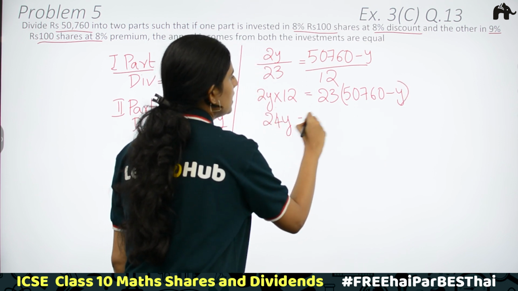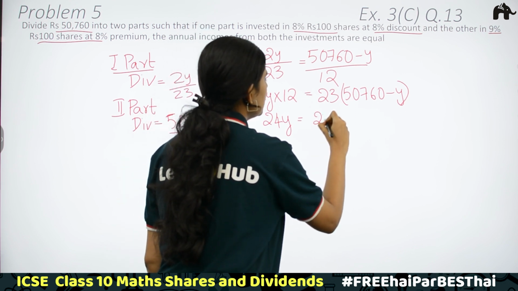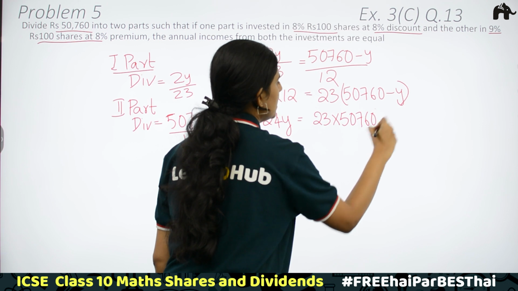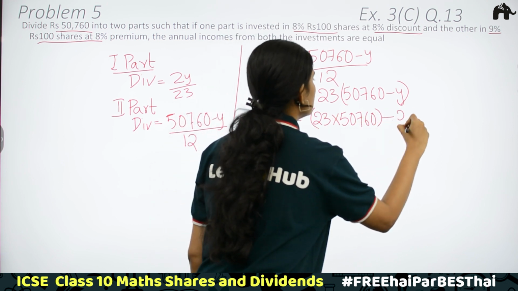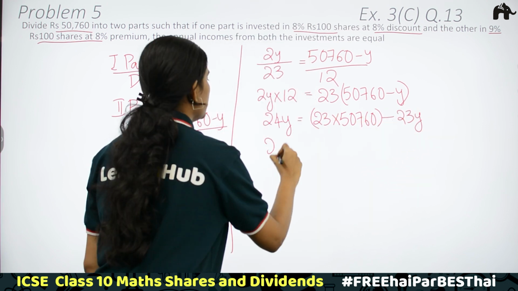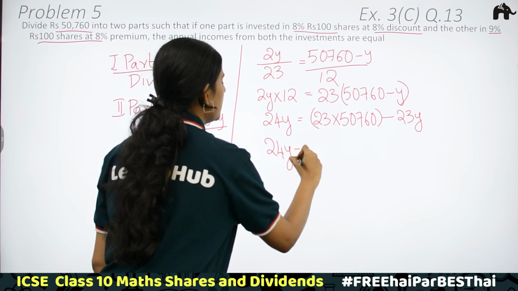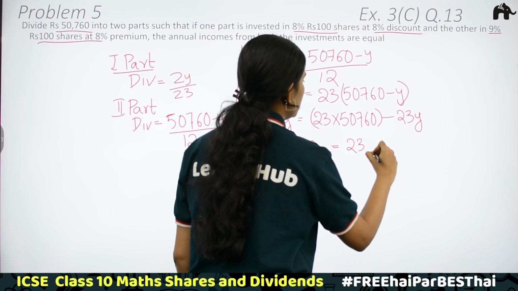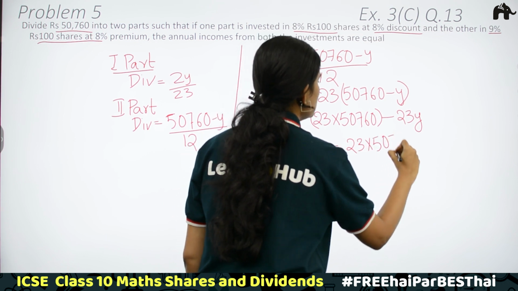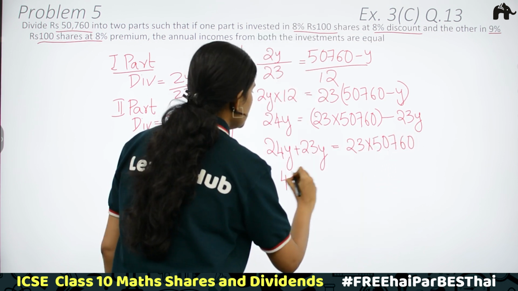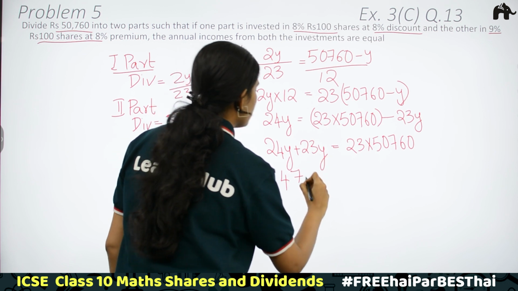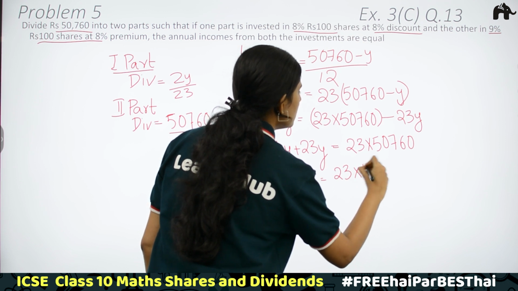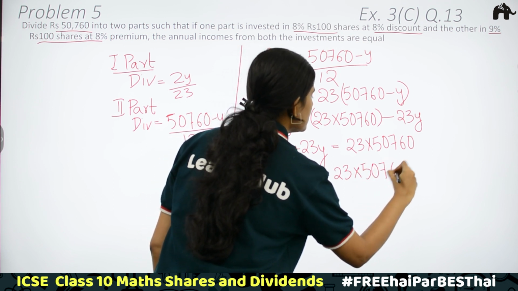24y is equal to 23 into (50,760 minus y). 24y plus 23y is equal to 23 into 50,760. 47y is equal to 23 into 50,760.